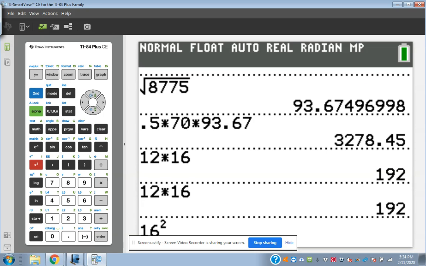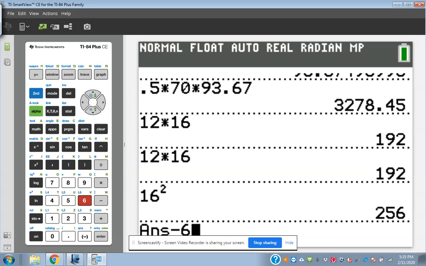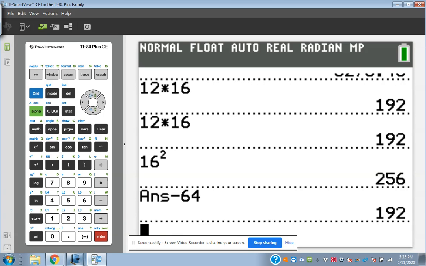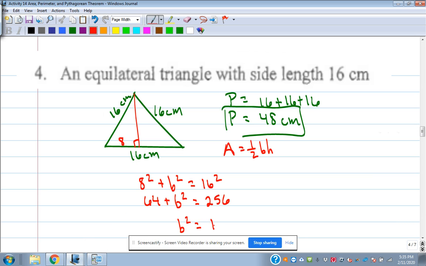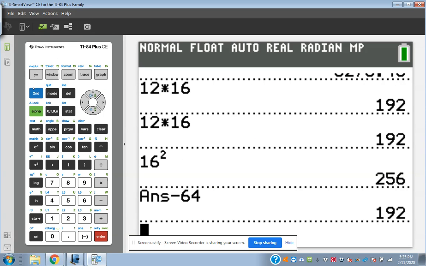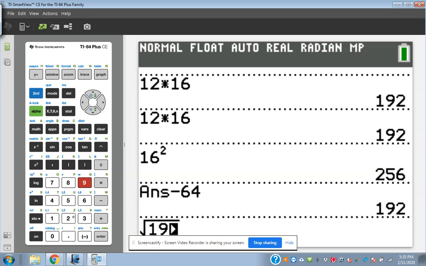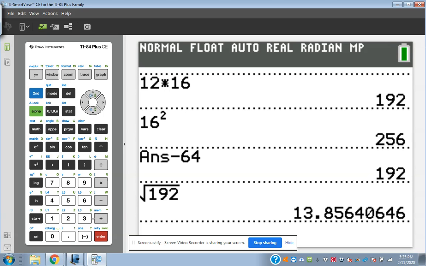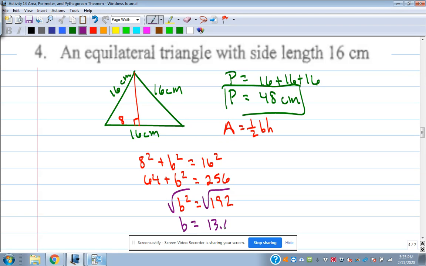I'm pretty sure that's right. Yeah, minus 64, 192, and then take the square root. Whatever the square root of 192 is. 13.86. Go 2 decimal places. So the height is 13.86 centimeters.